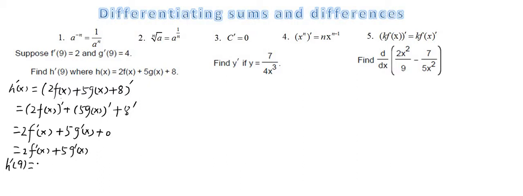We know f'(9) equals 2, so we plug in 2, and g'(9) is 4. Plugging in, it boils down to 4 plus 20, which is 24.